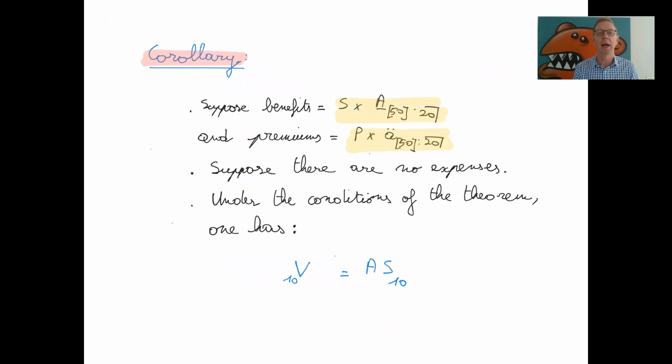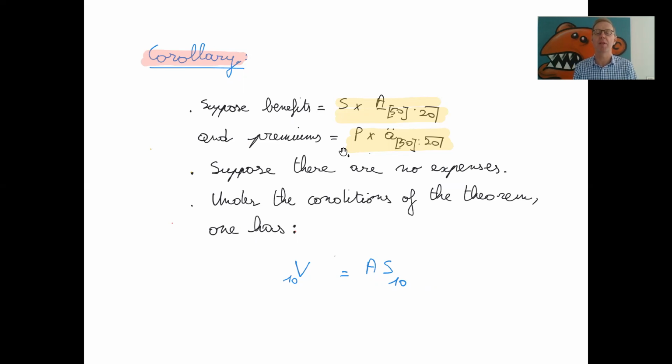Let us have a look at a corollary of this theorem, a special case. Suppose that the benefits are given by an endowment. So there is a person of age 50. If he survives the next 20 years, then there is a benefit payment at the moment of age 70 of amount S. And there are premiums paid.